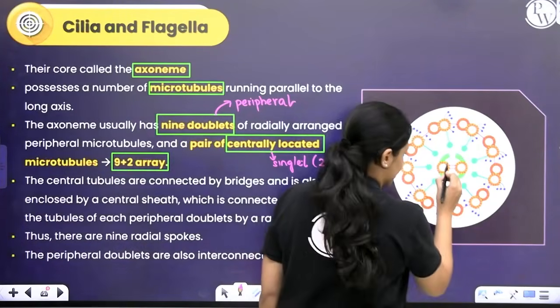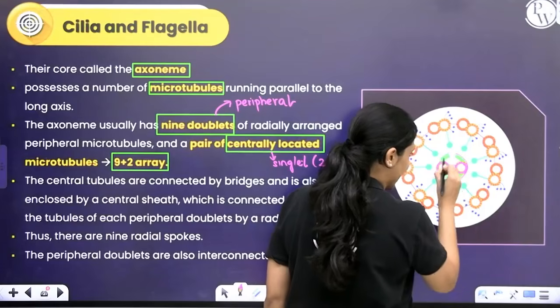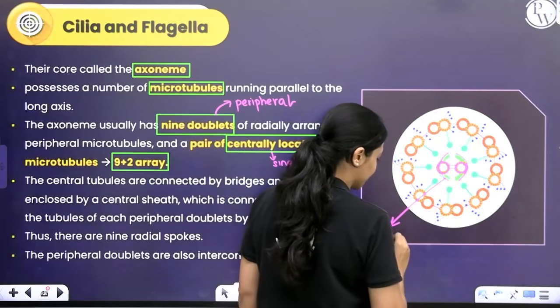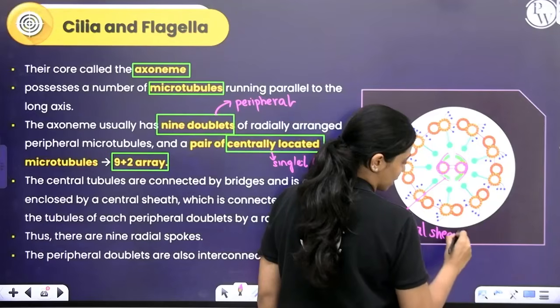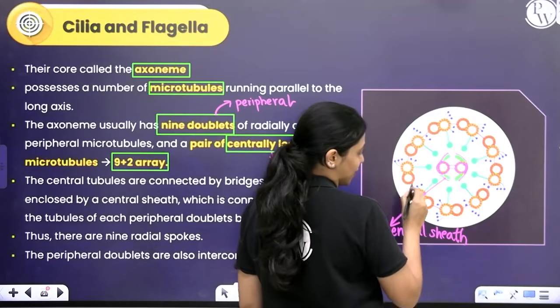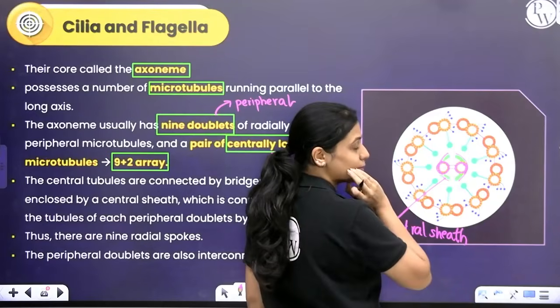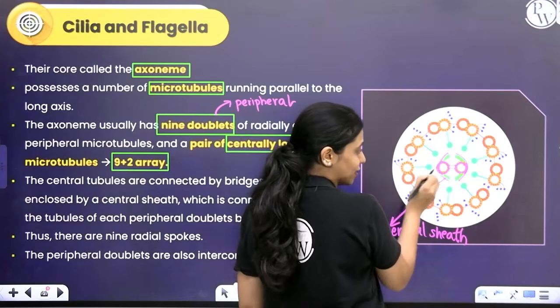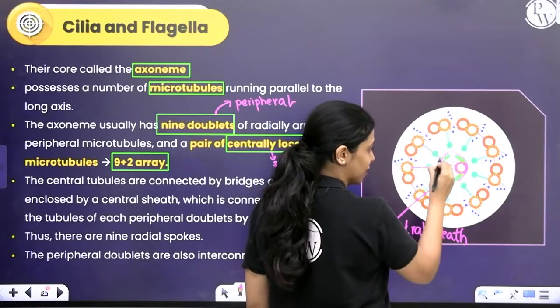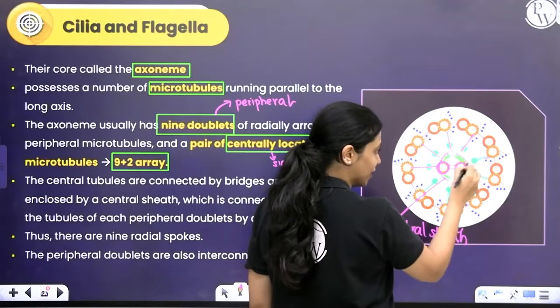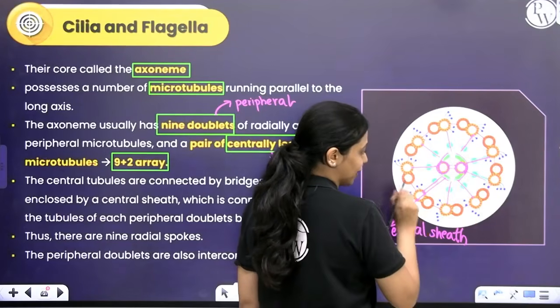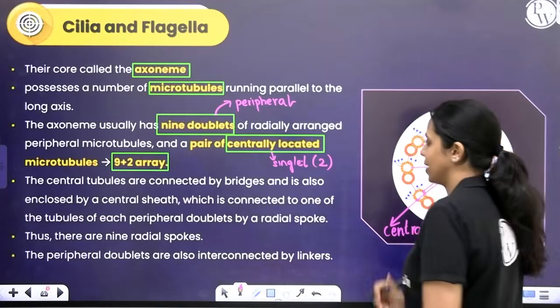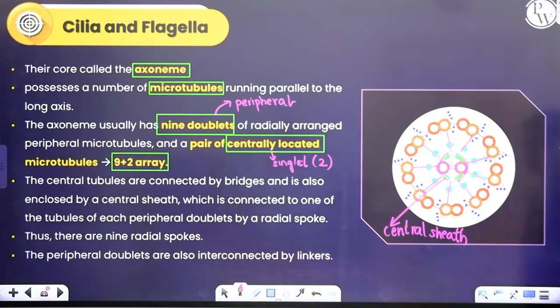These 2 are the central singlets. Surrounding that, you have a sheath that is called the central sheath. To this, there are radial spokes that connect the peripheral doublets, as you can see here, similar to how you have spokes for a wheel. There are spokes that are radial and connect the peripheral doublets to the central sheath in the center.